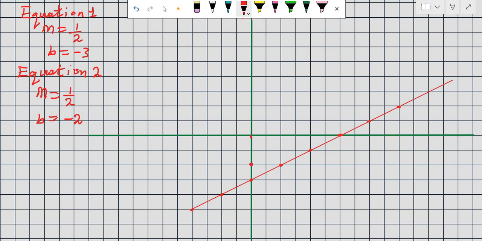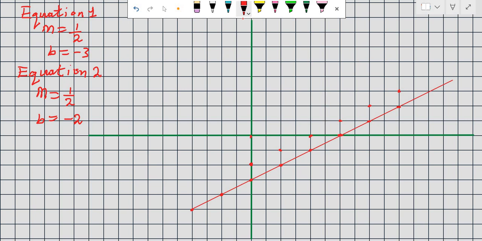So from this point, we count 1 step up, 2 steps to the left, and repeat this several times.